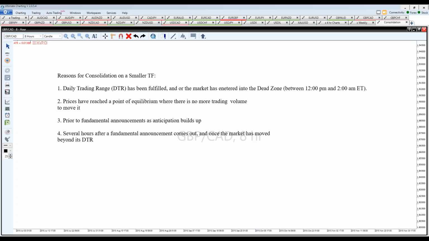So as they step away waiting for that information, volume drops. And as volume drops, the market falls into sideways movement in the smaller time frame, which will eventually be the one that you'll use to trade those fundamental announcements. So that's another reason why we'll find small consolidation on the smaller time frames.